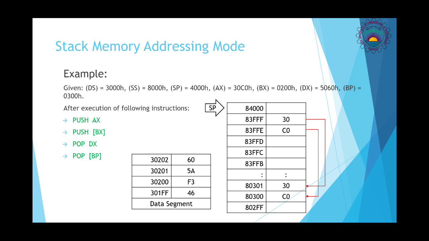So a word is popped from stack into stack at offset BP. After completion of this pop operation, SP will be incremented by 2. So new stack top is at address 84000 location.